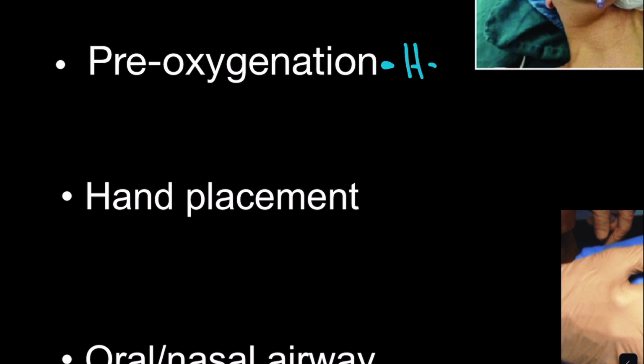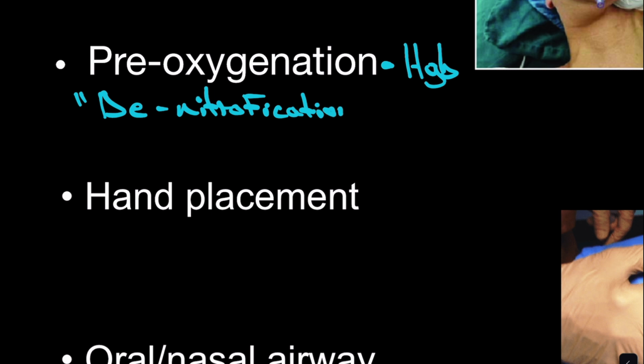So the first process of pre-oxygenation is going to be saturating your hemoglobin. The other aspect of pre-oxygenation, Dr. Toom at Sanford talked about, denitrification. His point here is, instead of trying to saturate all your hemoglobin with oxygen, you're trying to remove all of the extra nitrogen that's in your functional reserve volume within your lungs, and you're replacing that with oxygen.